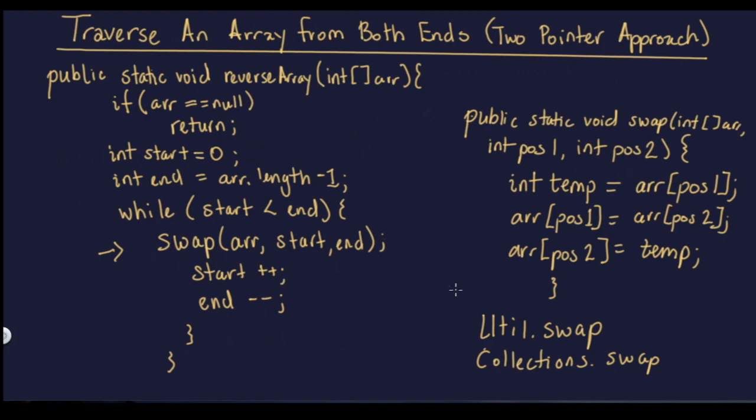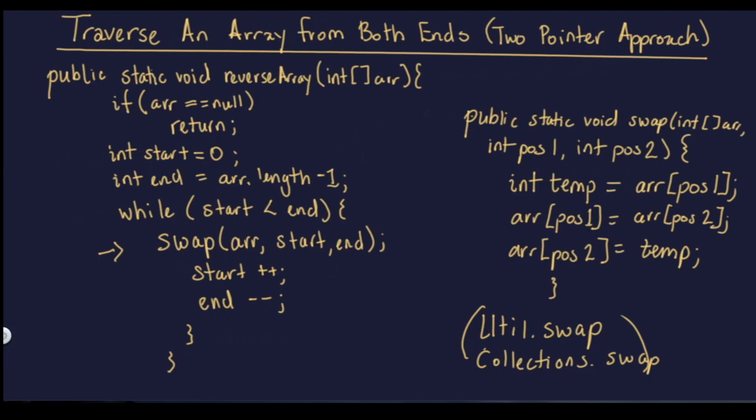Or if you're using a collection, you can just use one of these built-in methods. Especially if the problem you're solving has complex logic, you don't want to waste your time implementing very small functions like this, especially when the rest of your logic is more complicated and you have a very plausible solution.